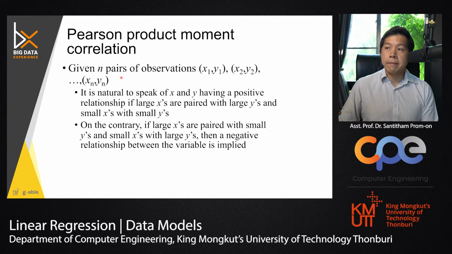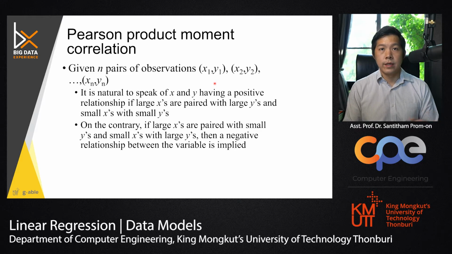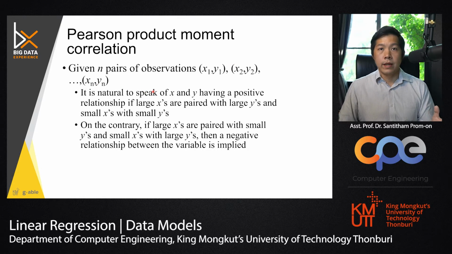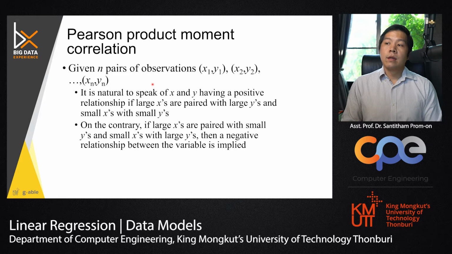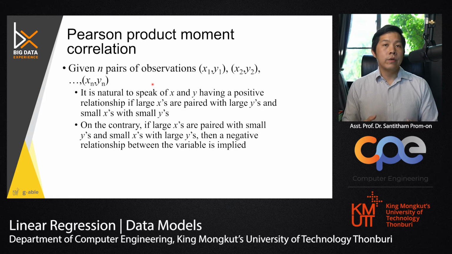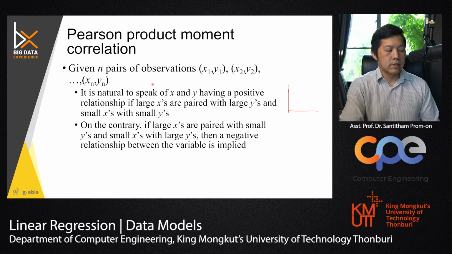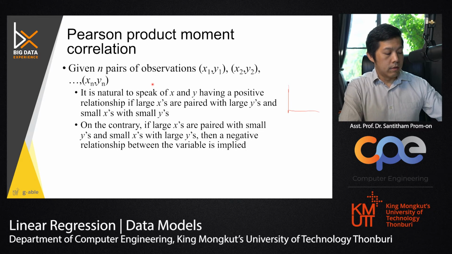Suppose you have n pairs of observations, x1 to xn as one data set and y1 to yn as another data set, and you want to find associations between the two. So how do we say that the data are positively correlated? If the data has positive correlation, then in terms of pairing, large X would pair with large Y.